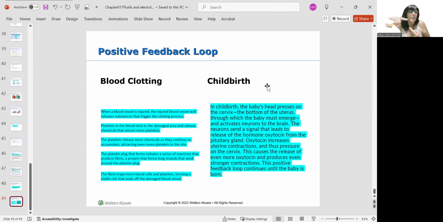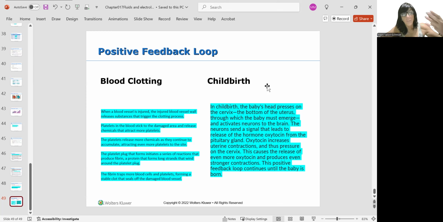That makes your body release oxytocin. Oxytocin triggers your uterus to contract more, which pushes the baby down on the cervix more, which triggers more oxytocin, which triggers more contractions, right? That's positive feedback. It goes round and round, making more of the same thing keep happening until you have the baby.